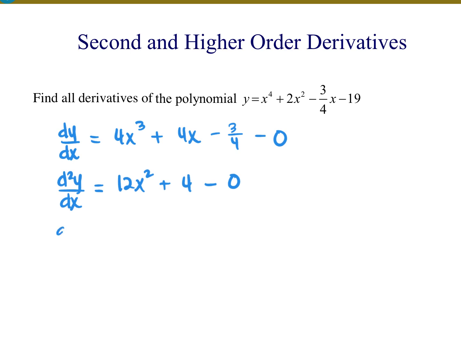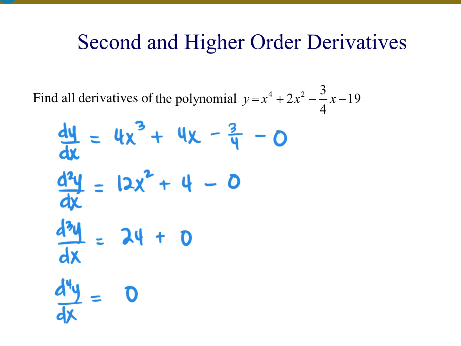All right. D3. Leela? 24x. 24x plus 0. Okay. D4. Noah? 0. Okay.